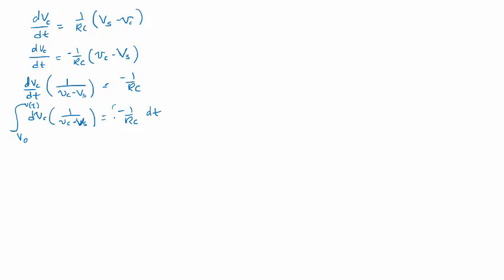And on this side, I have dt right here, so I'm going to integrate from time equals 0 to time equals t. dVc goes on the outside. We're integrating with respect to this variable Vc right here. And so I have 1 over something, so when I integrate that, it'll be a natural log of Vc minus Vs.